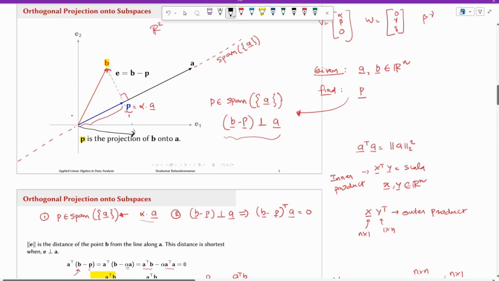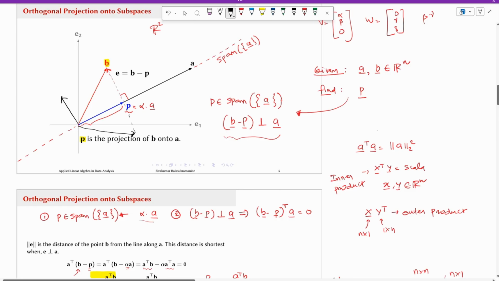If I go here and drop a perpendicular, where will it intersect with the dashed red line? At the origin. That means you will get the zero vector. So when you choose vectors that are orthogonal to the subspace, the orthogonal projection is zero. But what I am asking is different.